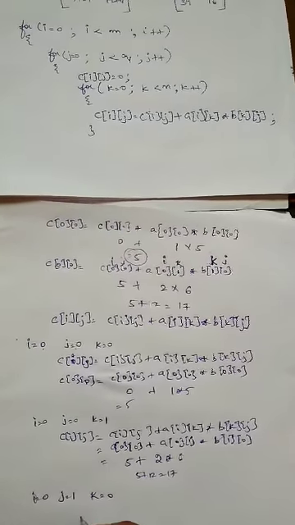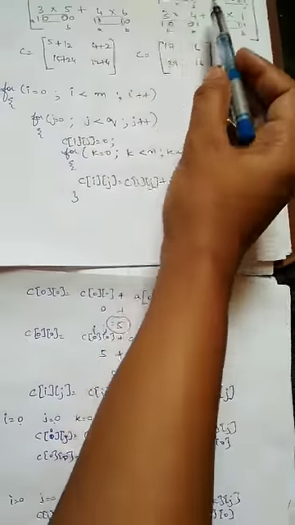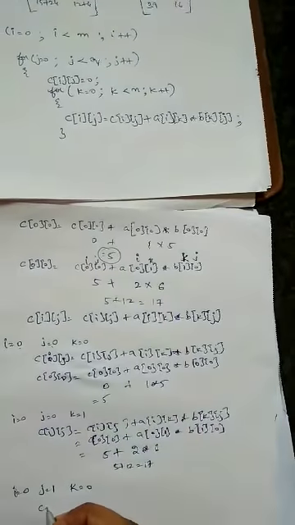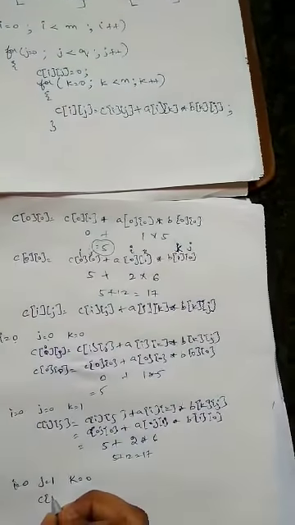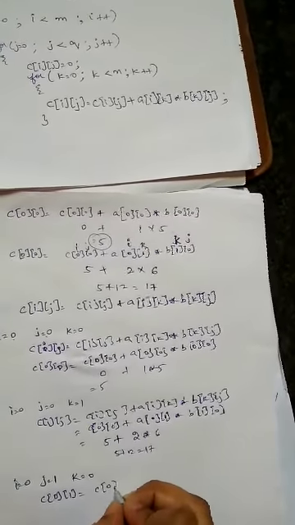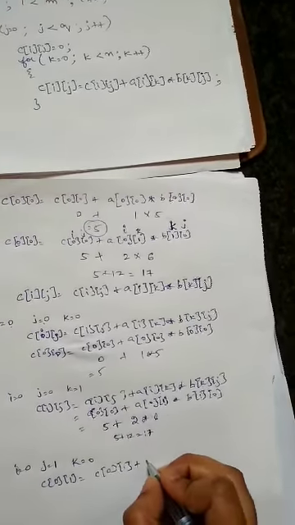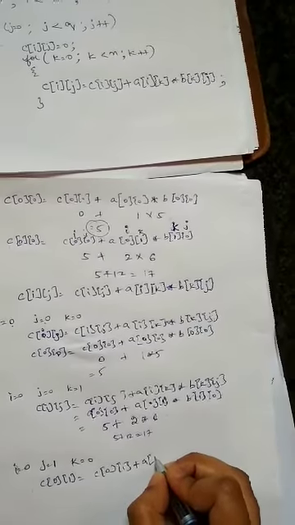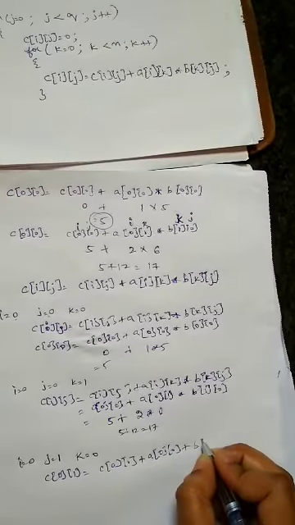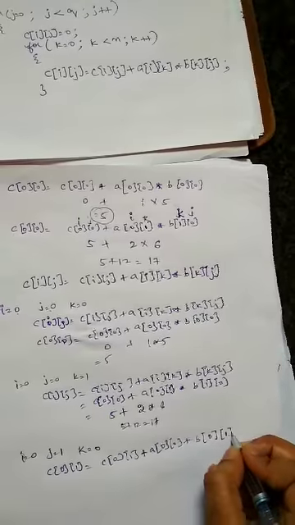Okay, now we have to compute this part. So now C of, I can write it as i is 0, j is 1. C of 0 and 1 we have to compute, plus A of 0 and then 0, times B of 0 and j is 1.